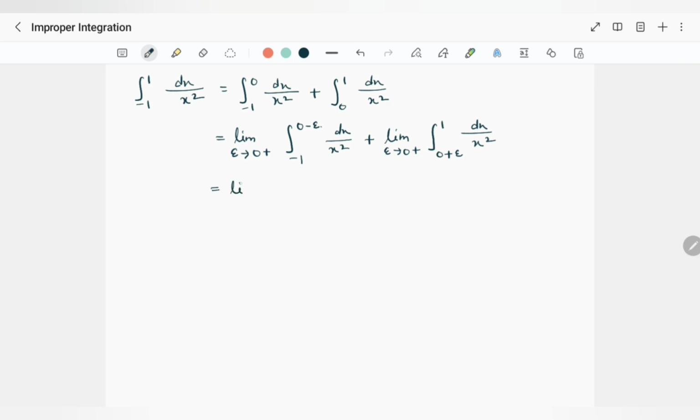So this is equal to limit epsilon tends to 0 plus, the integration value is minus 1 by x, with limits minus 1 to minus epsilon, plus limit epsilon tends to 0 plus, the integration value minus 1 by x with limits epsilon to 1.